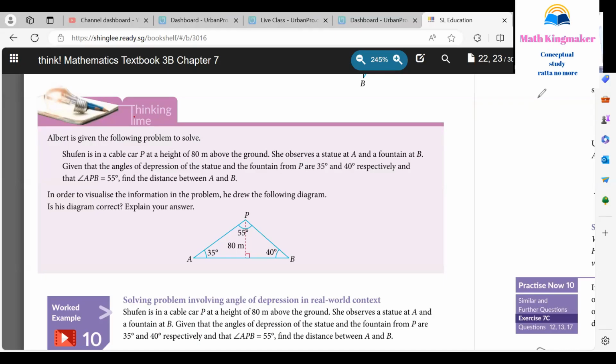Yes, sir, the diagram is correct then. Right. Okay.